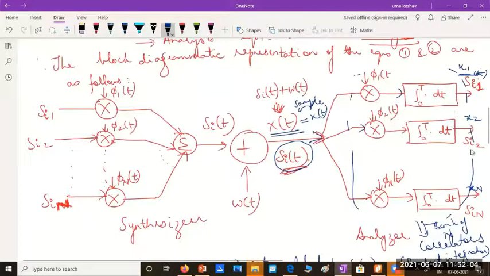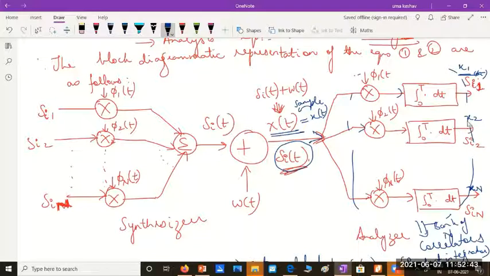So instead of getting Sij here, for example, I'll consider the second correlator. In the second correlator, I have to multiply Si of t with phi 2 to get Si2. But I'm not receiving Si directly. I'm receiving another random variable x of t, whose sample value is small x. So this is the random signal x of t which is received. When that gets multiplied with the orthonormal basis function phi 2 and integrated in this range, I'm supposed to get x2 and not Si2.